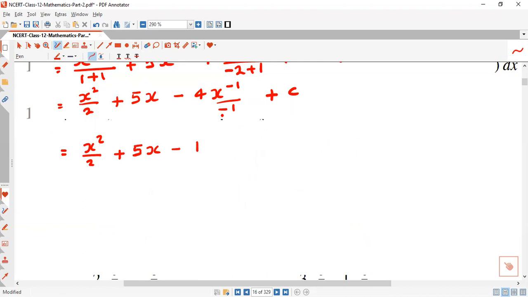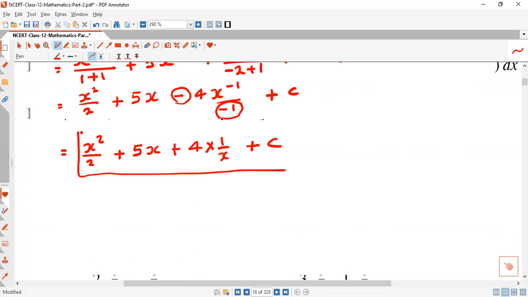See this minus 1 and this minus sign: minus minus becomes plus 4. x raised to minus 1 can be written as 1 upon x. So this is 4 into 1 upon x plus some constant c. This will be the answer. This is the answer of the question.